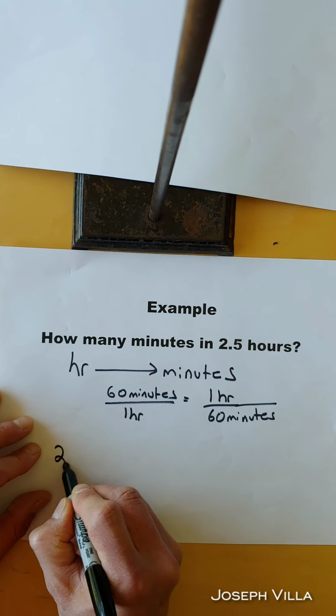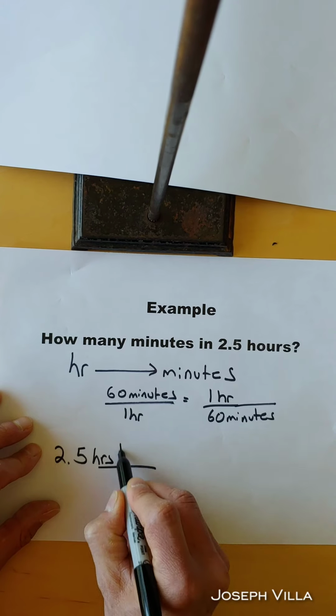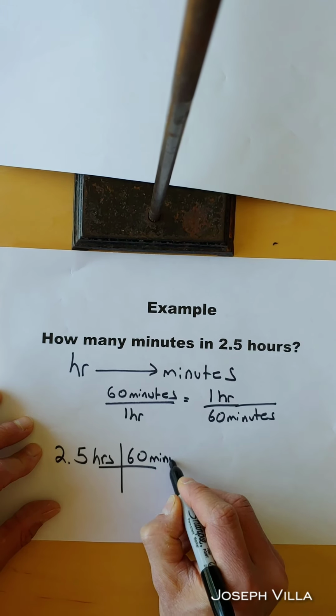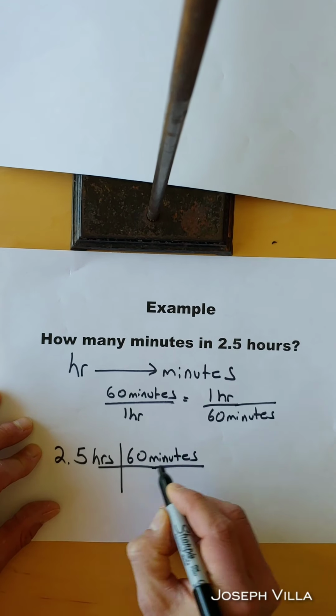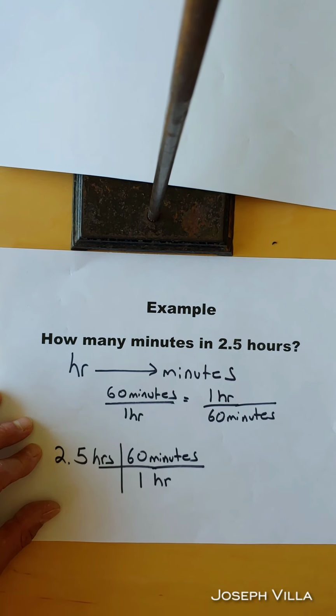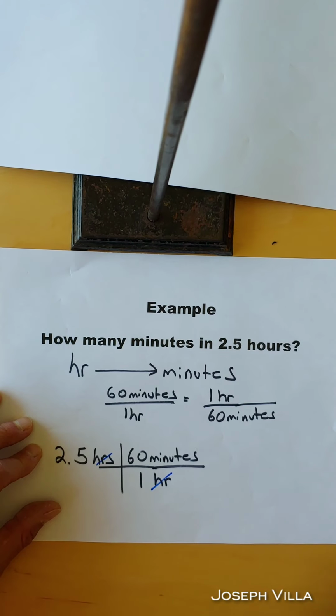So I have 2.5 hours, and then I'm going to multiply that by my conversion factor, that there are 60 minutes in 1 hour. Because the hours are across from each other, they cancel out, and I'm left with the units of minutes, which is what I want.